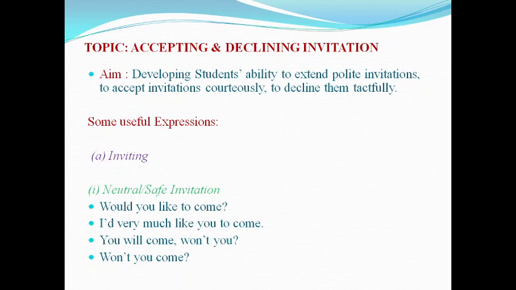Here we have some examples of neutral invitation. For example, would you like to come? At the end there is an interrogative mark. The sentence begins with would and ends with an interrogative mark. Obviously this is a neutral sort of question.